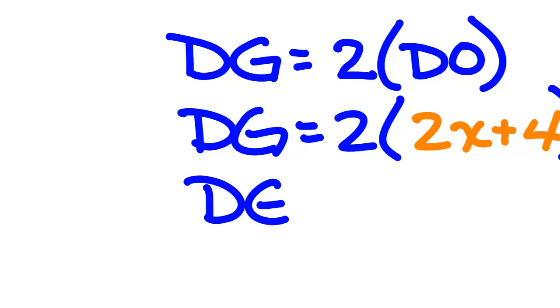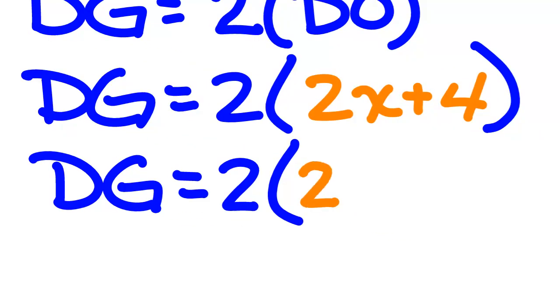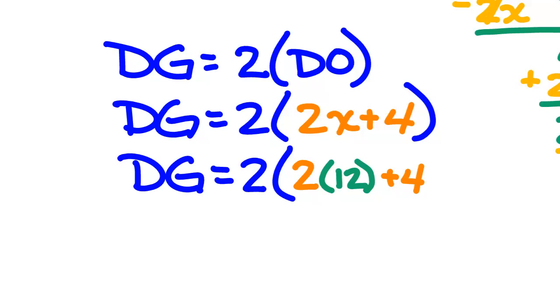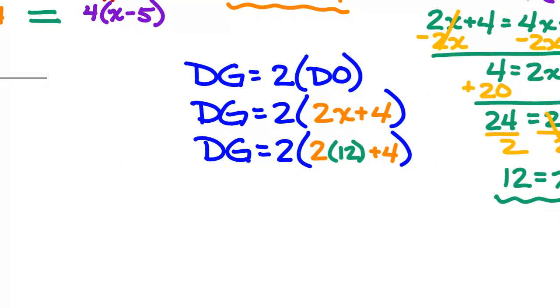So now I can substitute in the place of x. So I have 2 times 2 times my x, which is 12, plus 4. We do the inside of our parentheses first, right here. What is 2 times 12? 24 plus 8?